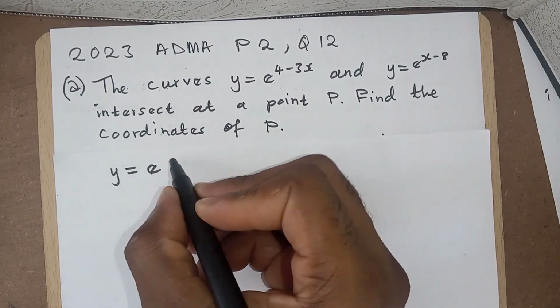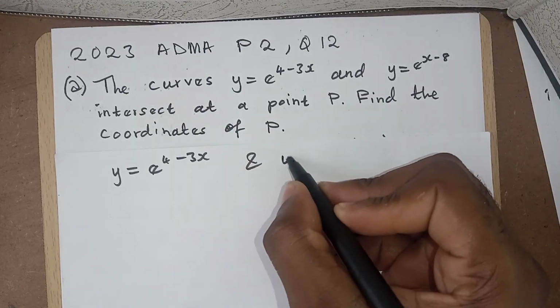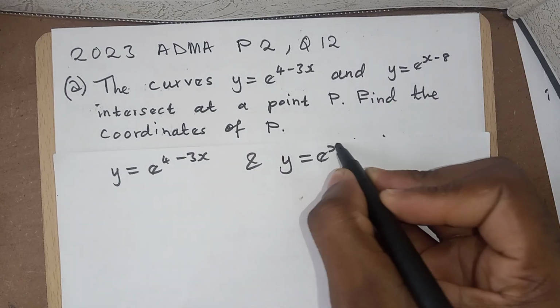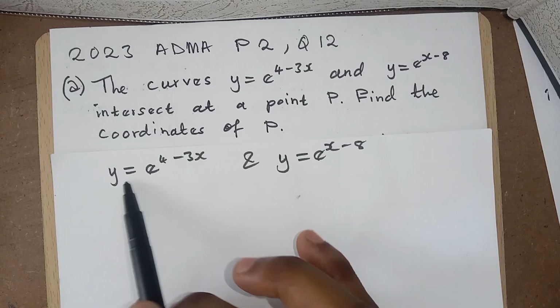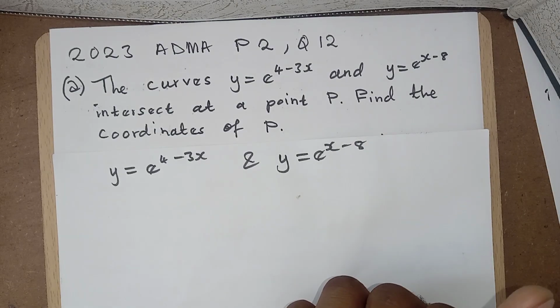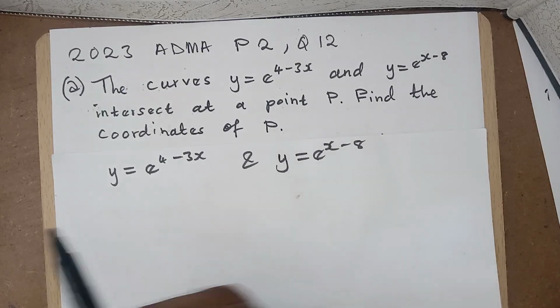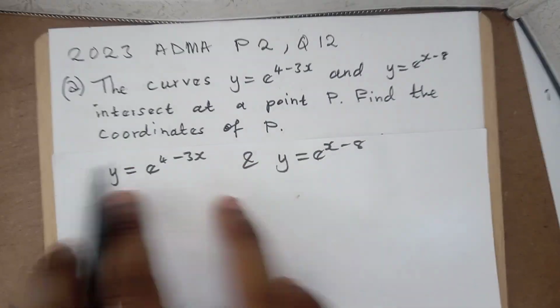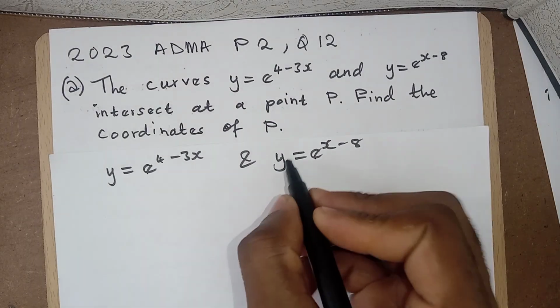y equals e to the power 4 minus 3x and y equals e to the power x minus 8. I will use the substitution method because it's the easiest. You can also use elimination by writing them like this and then subtracting.